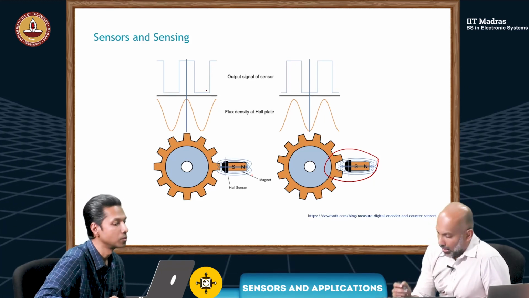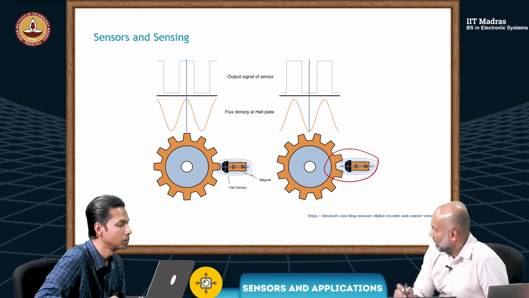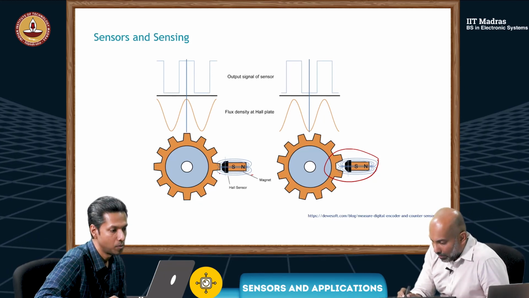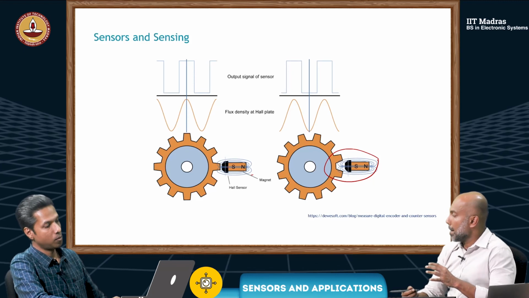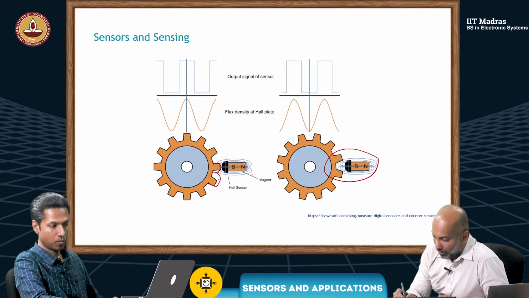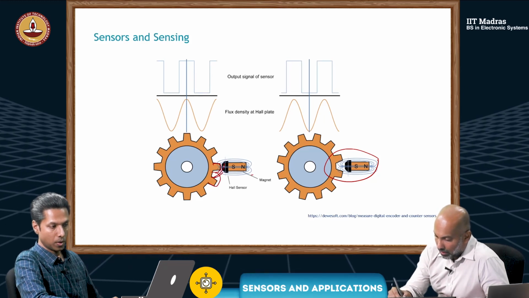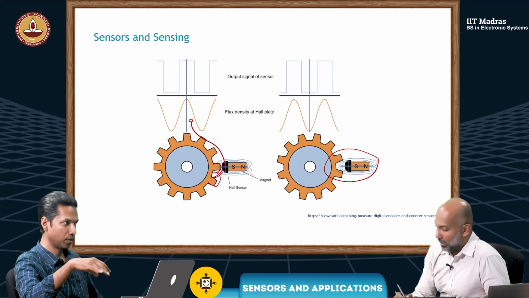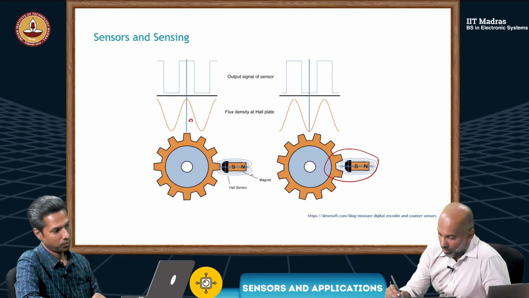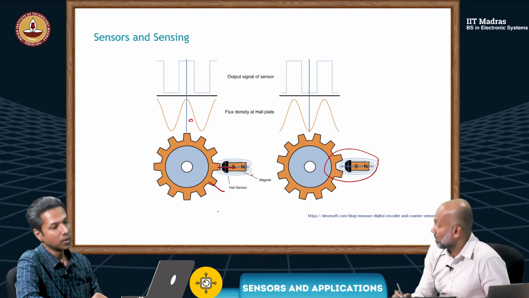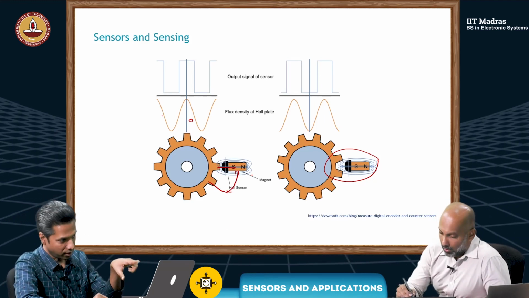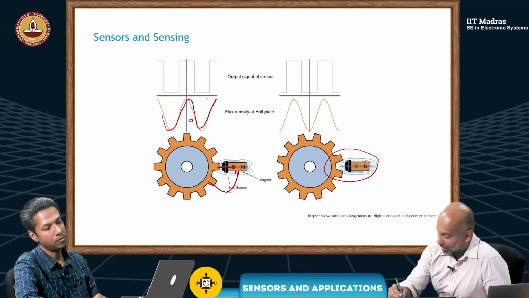So if you have an analog sensor, you'll be able to see the movement from one tooth to the other in a smoother way, even within the width of one tooth. So you get that change like this red one, a smoother change in that output.